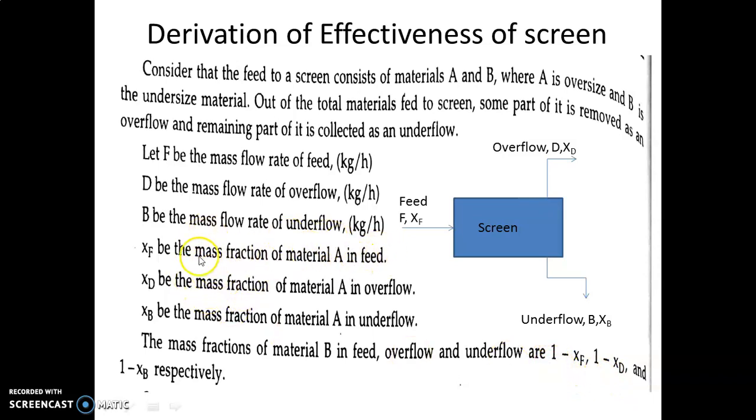We have to add the mass fractions of A and B, which equals 1. If the total mass fraction is equal to 1, and XF is the mass fraction of A, then 1 minus XF is the mass fraction of material B in feed. Similarly, the mass fraction of material B in overflow is 1 minus XD, and the mass fraction of material B in underflow is 1 minus XB.